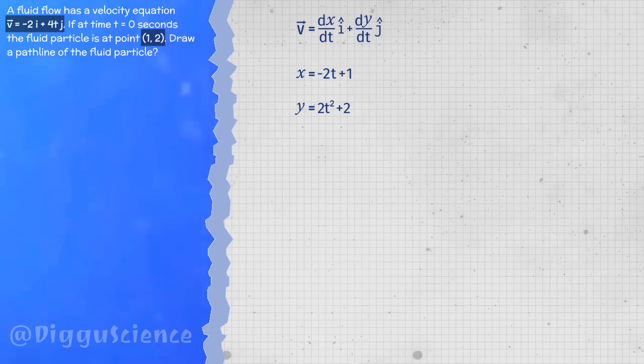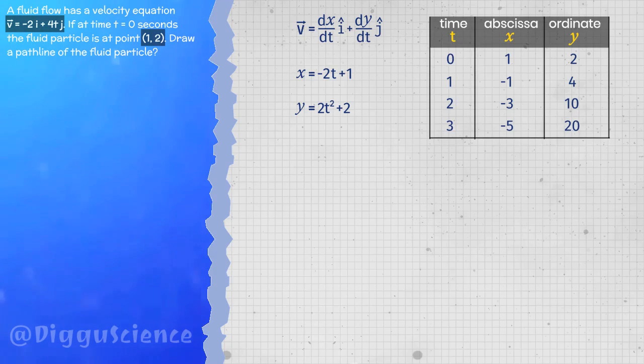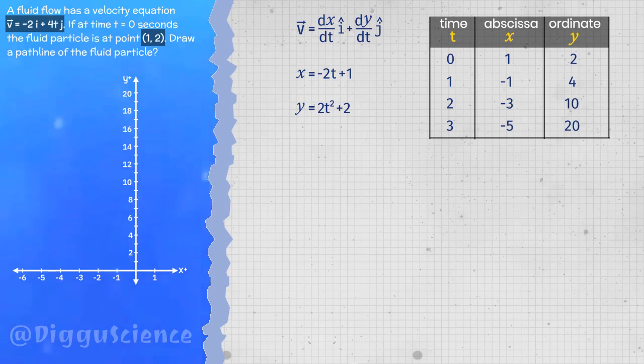At a certain time, the particle has a certain abscissa and ordinate position. This is a parametric equation. We can create a table containing 3 columns: time, abscissa, and ordinate. Then place the points into a 2-dimensional Cartesian coordinate system.